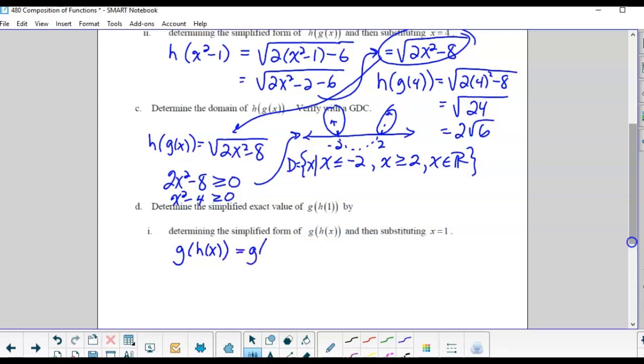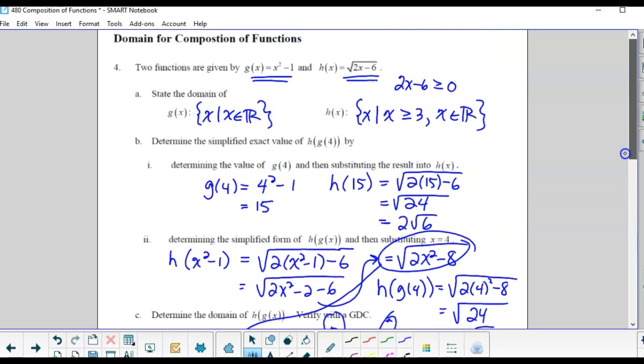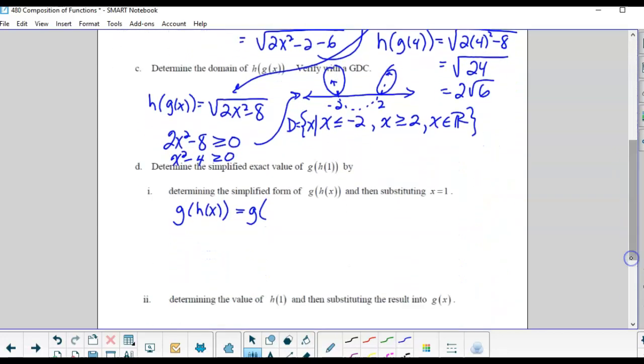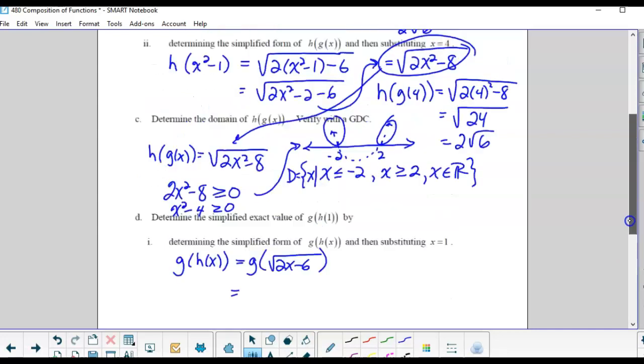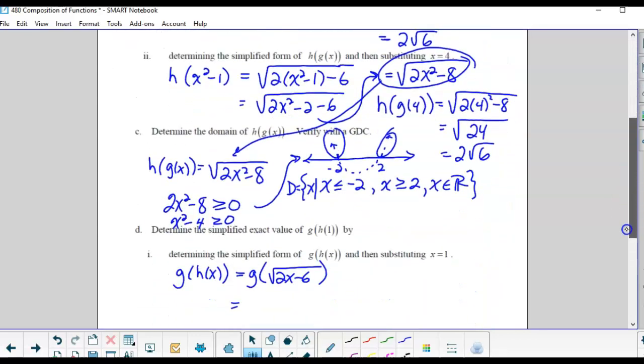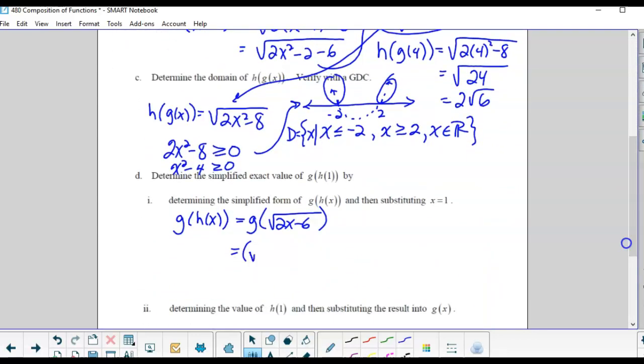That's going to be g of h, and h, remember, is root 2x minus 6, and g is x squared minus 1, so that's root 2x minus 6 squared minus 1, so that's 2x minus 6 minus 1, which is 2x minus 7. So suddenly we went from a radical and now it's a linear.